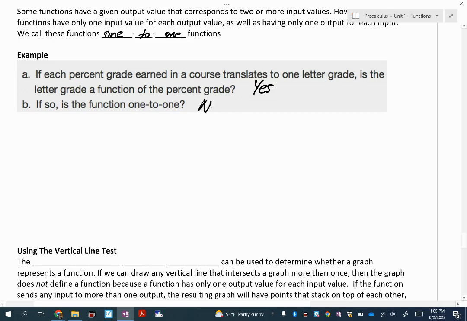And here's how I would explain it. If you tell me you got a 91, but then your best friend got a 92, right? Yes, it is a function, so you guys got A's. You're not repeating any of the inputs, but because the output, that letter A that you both got, is being repeated, that means it is not one-to-one. All right, so just be careful as you're going to that next step.